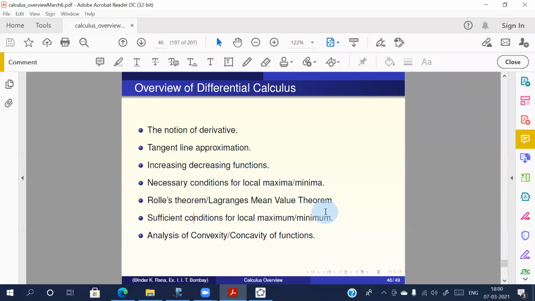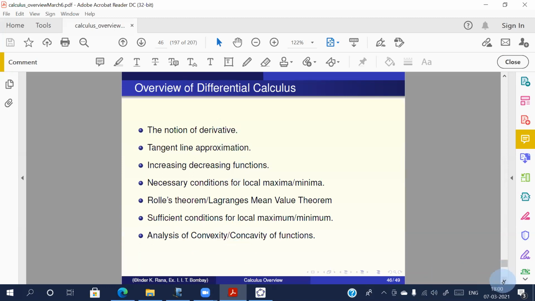Then these also go over further to devise tests for convexity and concavity of functions. My idea of giving you a brief glimpse of all these things is that the notion of derivative involves the concept of limit. That is very important. Without limit, you cannot have derivative, and without derivative, you cannot have any one of these theorems. So limit is the backbone of differential calculus.